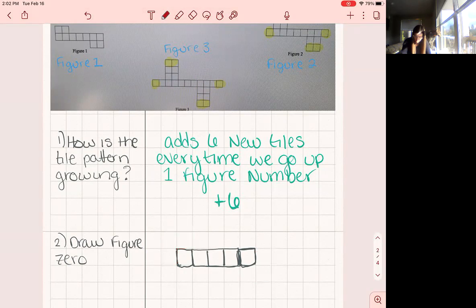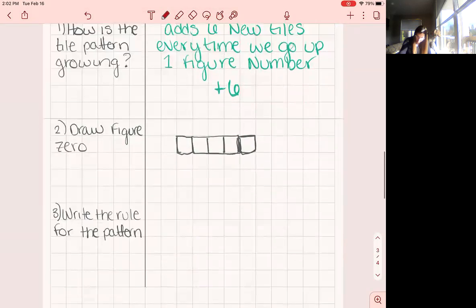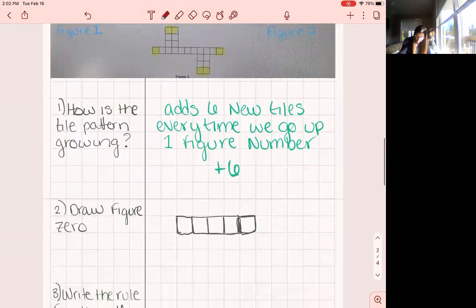You don't need to draw that. So figure 0 is going to look just like that. Kind of weird, not the easiest one. And we want to make sure we label that with how many tiles it is, like we did up here. So that's 5 tiles.